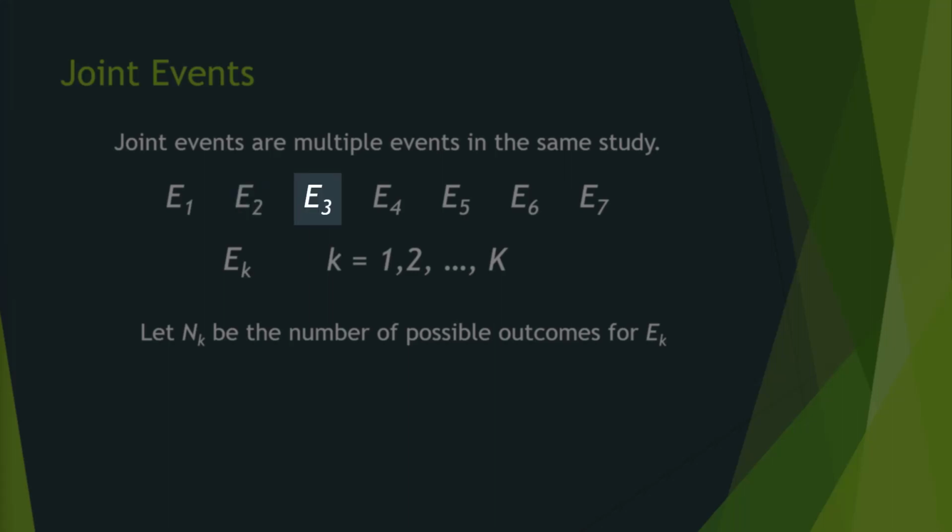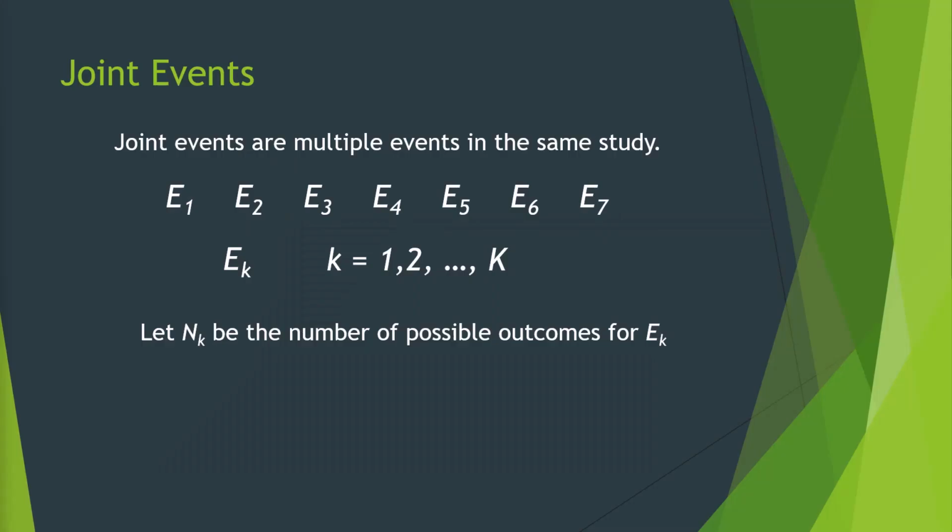If event 3 was, say, a Bernoulli event, so it had 2 possible outcomes, then N sub 3 would be 2. Notice that N simply stands for how many possible outcomes there are for a particular event, and notice in general that any of these events could have any number of outcomes, and it doesn't even have to be the same for each event.